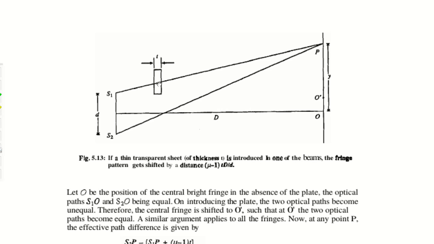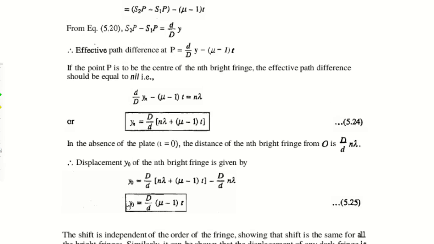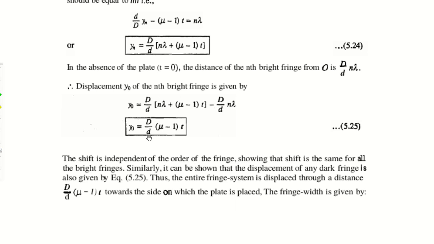If we place this glass slab in the lower part, then O prime, that is the central fringe, will shift downward. So this shift can be practically measured, and if you measure this shift y0, and d and mu are known to us, small t can be deduced from here.